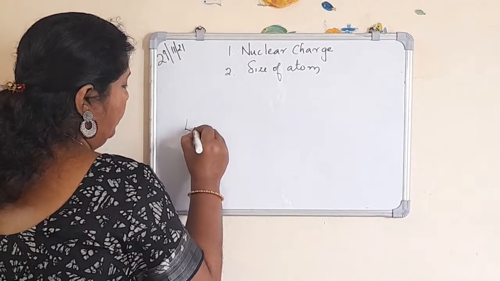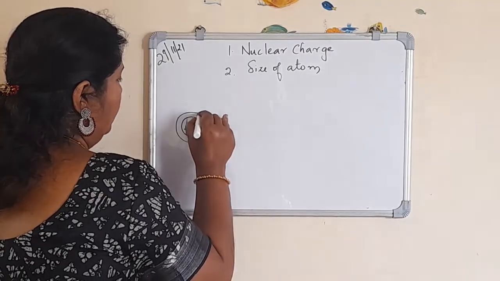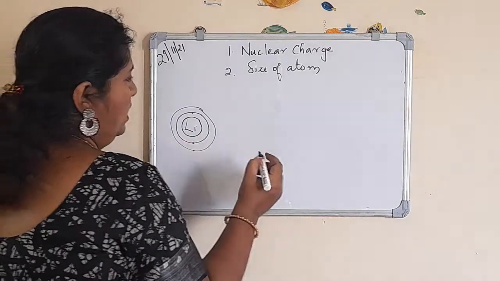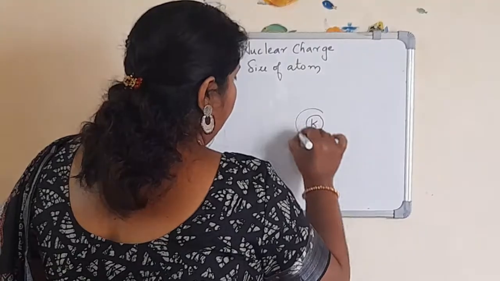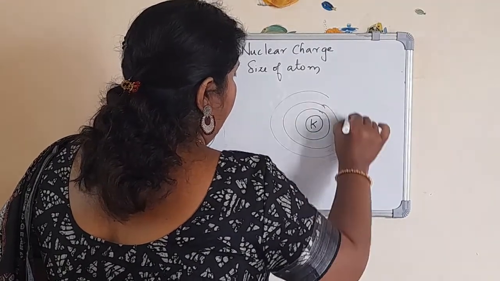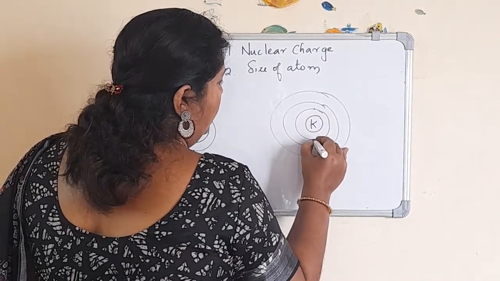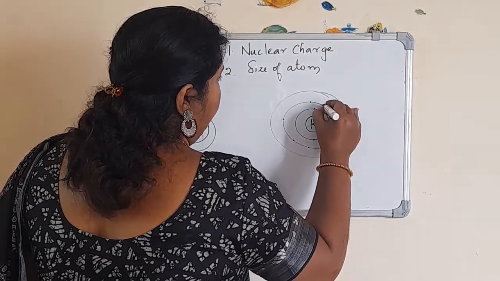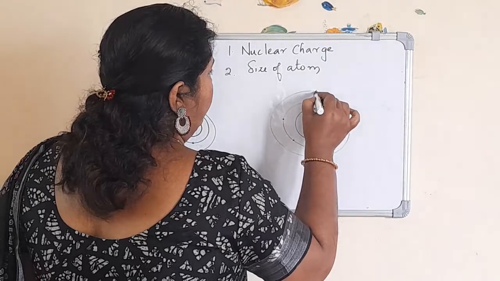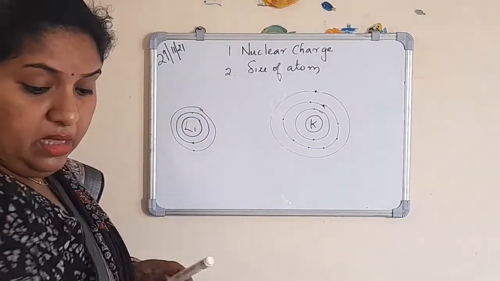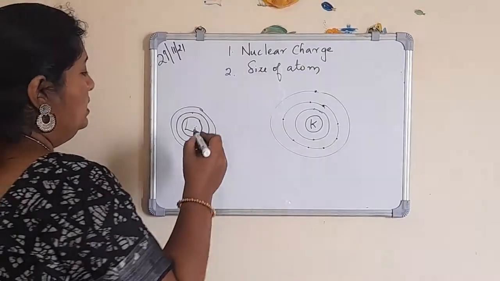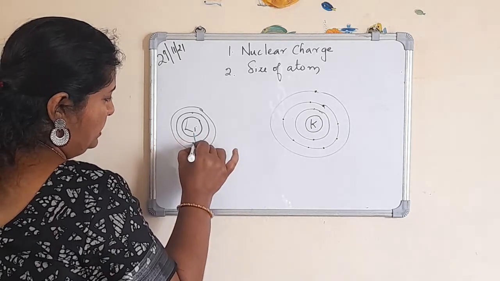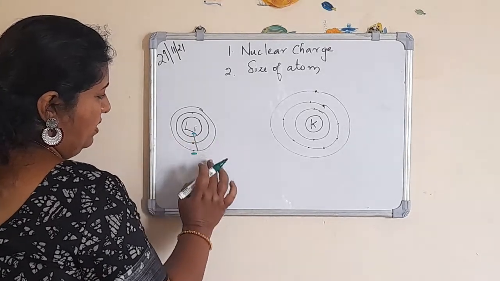So I will show you an example. See, first I am drawing lithium here: 2 and 1. Now if I am drawing potassium: 2, 8, 8 and then only one electron. See, the distance between this outermost electron and the nucleus, it is very near in lithium, the first element.